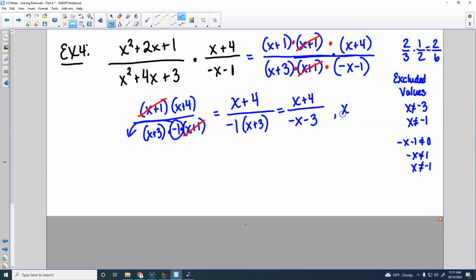Excluded values, x cannot equal negative 3 or negative 1. So don't forget that you can sometimes take out that greatest common factor. Okay, questions?